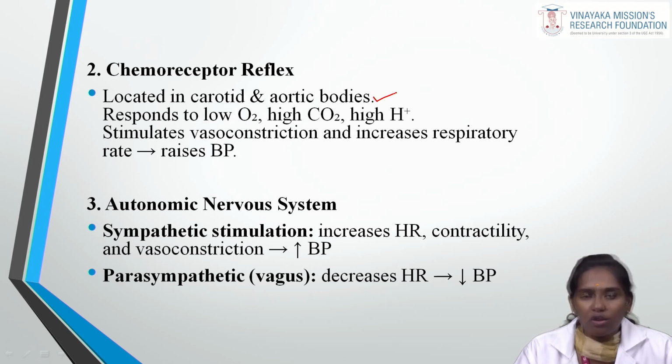They respond to low oxygen, high carbon dioxide level in the plasma, and stimulate vasoconstriction and increase respiratory rate, that raises the BP. Then the autonomic nervous system: sympathetic stimulation increases heart rate, contractility and vasoconstriction, leading to an increase in BP. Parasympathetic, that is the vagus, decreases the heart rate and decreases the BP.